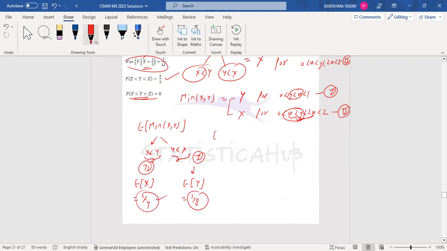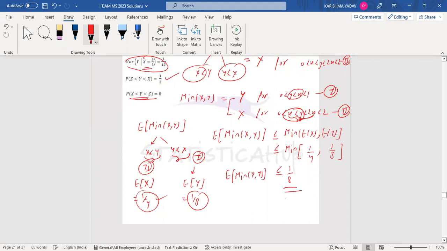By applying this inequality, which says that expectation of minimum of x comma y is less than or equal to minimum of expectation of x comma expectation of y, that is minimum of 1 by 4 comma 1 by 8, and the minimum of these two is 1 by 8. So the expectation of minimum of x comma y has to be less than 1 by 8.